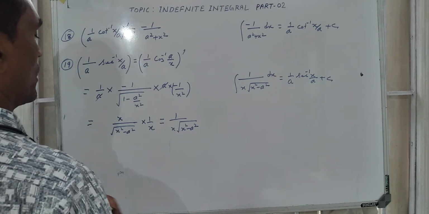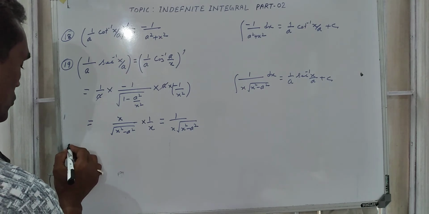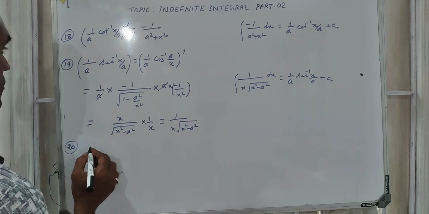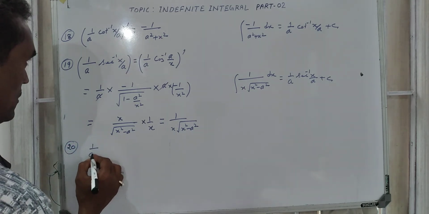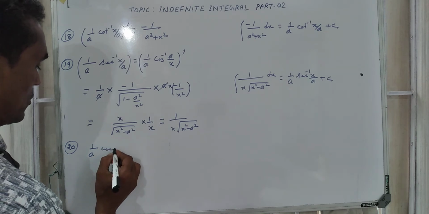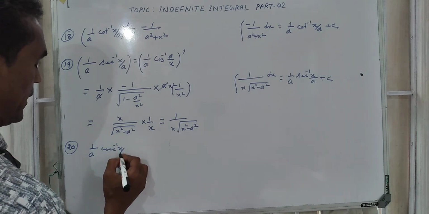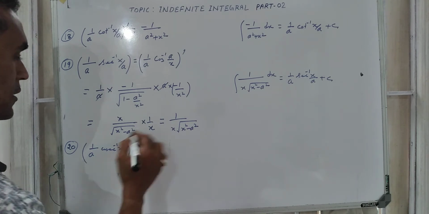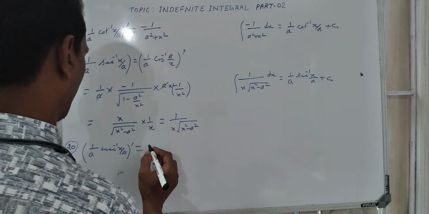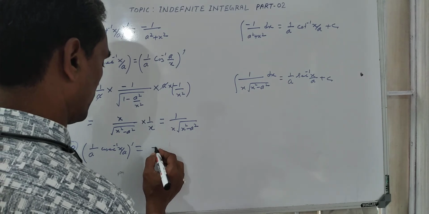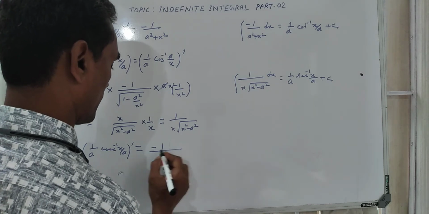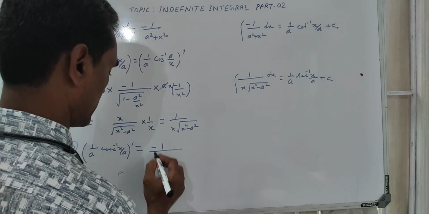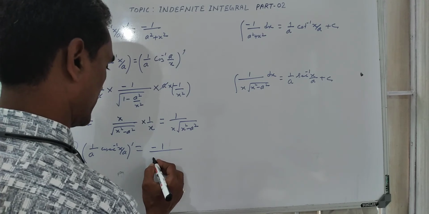Last but not least, the 21st, 1 by a cosec inverse x by a. In the same way, if we find its derivative, we will get only a minus sign and the rest of the result will be the same.